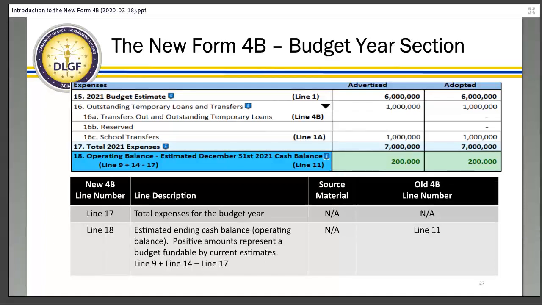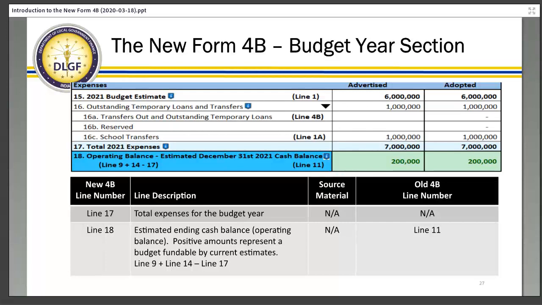Now, one of the expressed goals in this new format was to put operating balance into a more prominent position, and that's where we're actually going to end the budget year section, with the operating balance. As you are working on the new template, if you find yourself with a negative amount in line 11, the department will have to balance your budget.